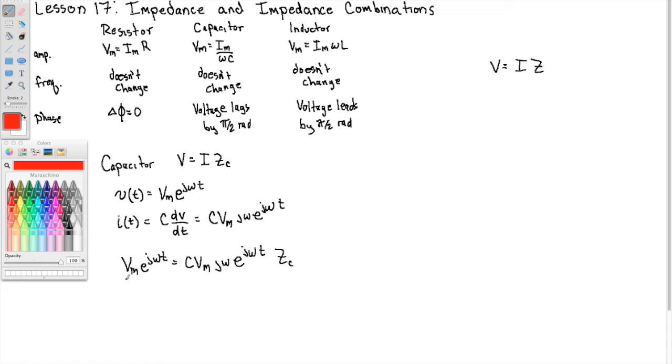But notice here now Vm cancels, e to the j omega t cancels. On the left I have 1, and on the right I have j omega C times Zc. So that says to us, this is great, good news, that if I'm going to use this equation, I can find a Zc actually. It's 1 over j omega C.